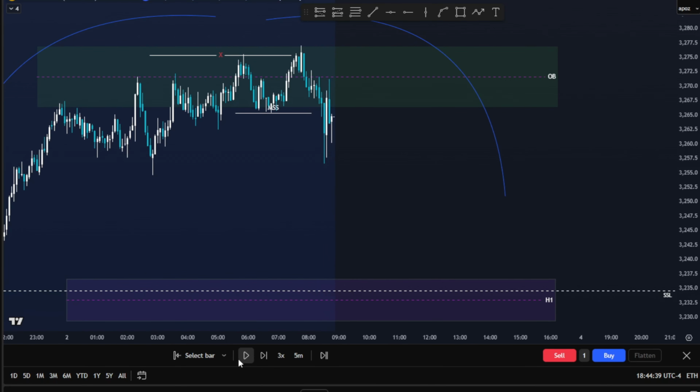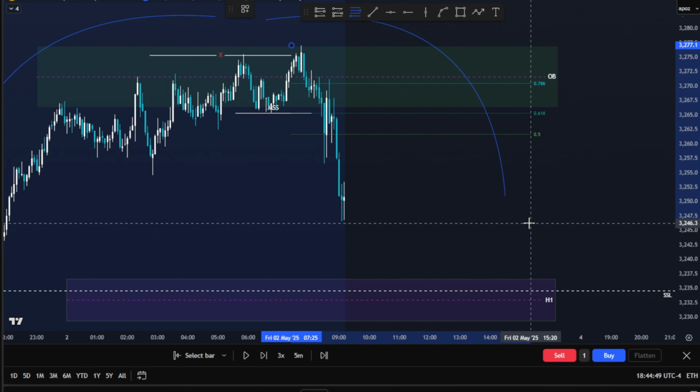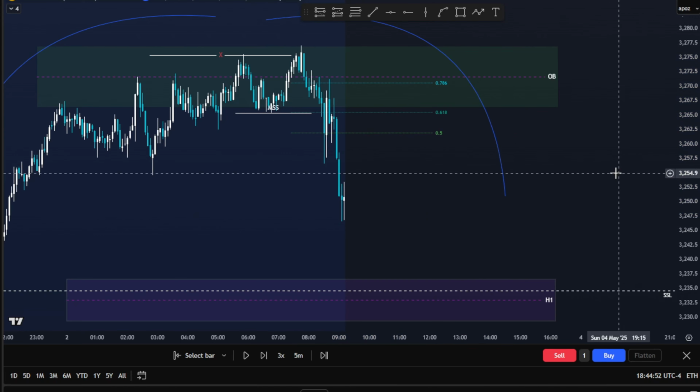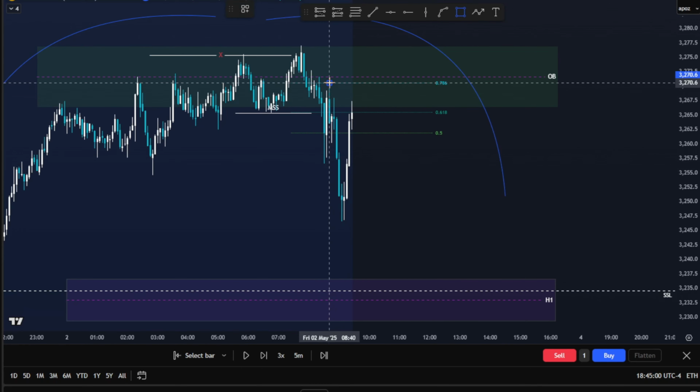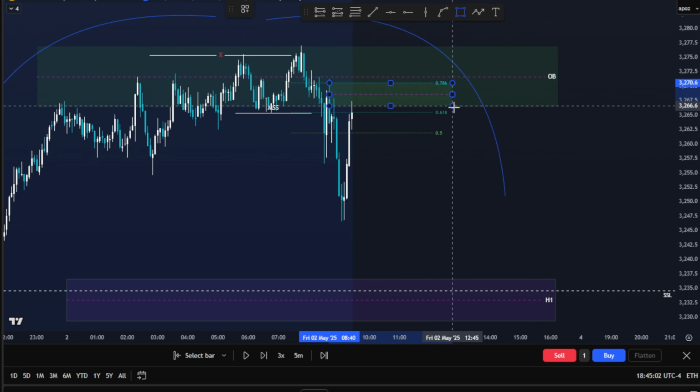Okay, there is a market structure shift, and then we want to look for a retracement back, from this high to this low. That's what I'm looking for. So my entry will be at the OTE within this order block here.